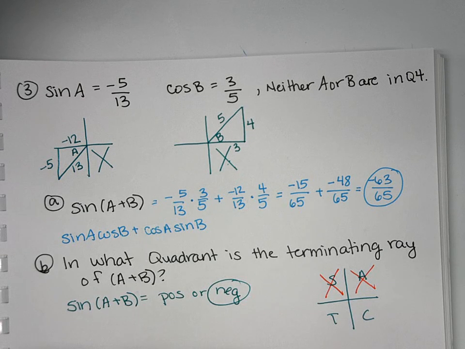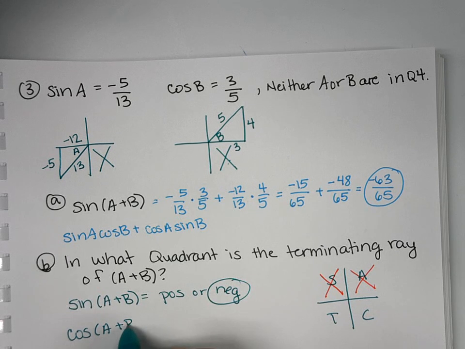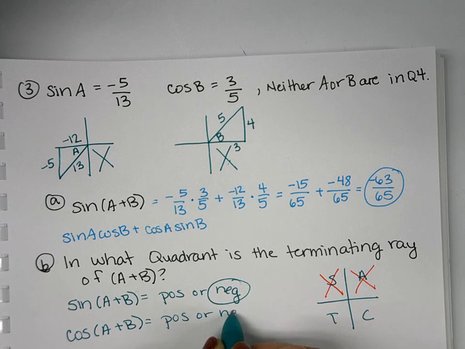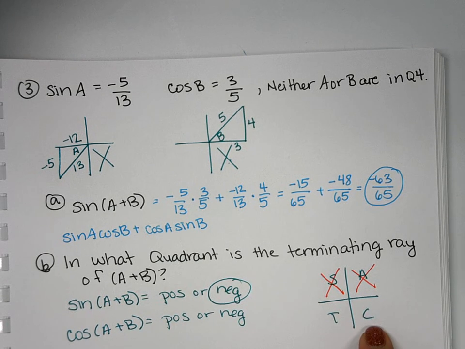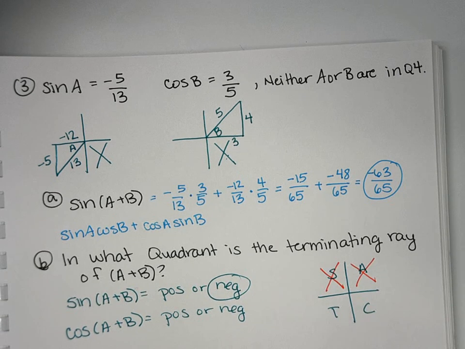Cosine. Is cosine of A plus B positive or negative? So now we have to go and do our cosine addition to figure out, are we going to be positive to be in quadrant 4 or negative to be in quadrant 3?